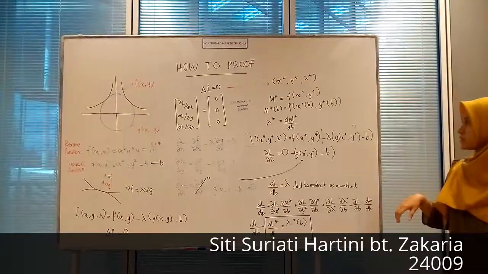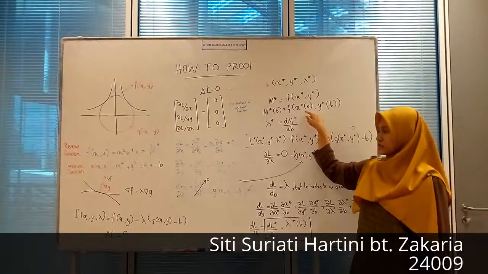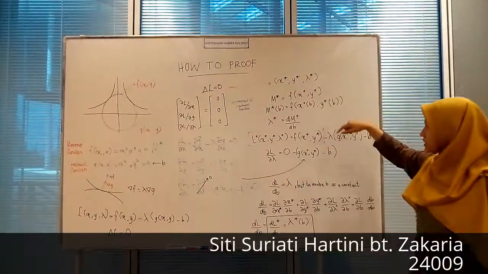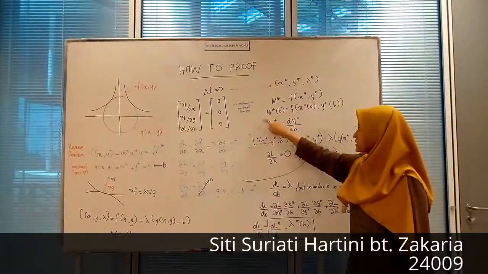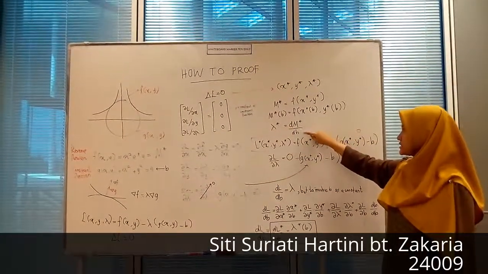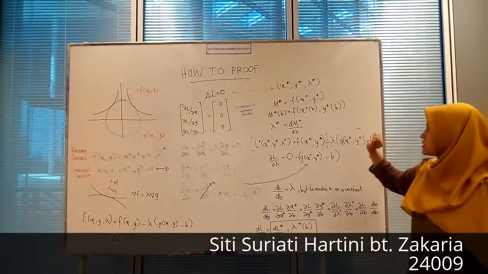For us to include b, the constraint constant, in the first function, he proposed this equation: lambda star is equal to dM star over db.